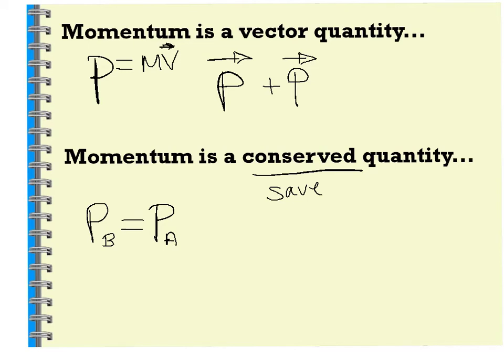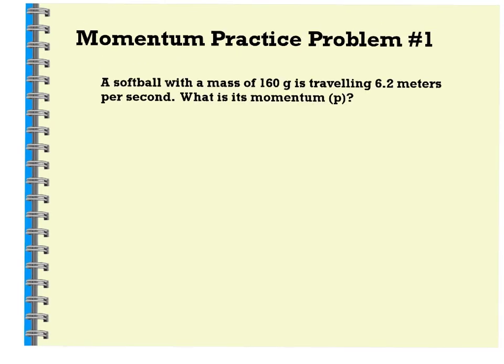It might dissipate as friction, or in the case of a catcher's mitt, you hear the mitt pop. It also heats up a little bit, but these are all forms of energy that get saved in the process. Let's try a practice problem using the equation P equals m times v.